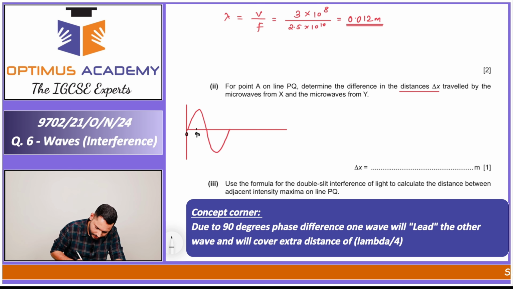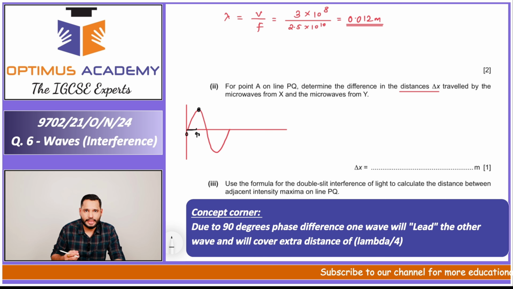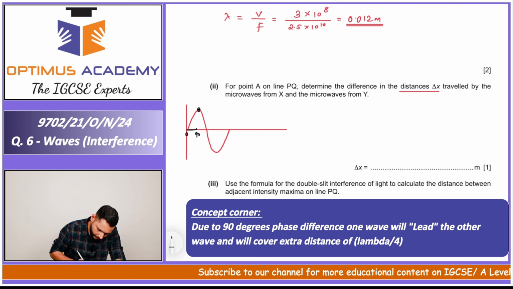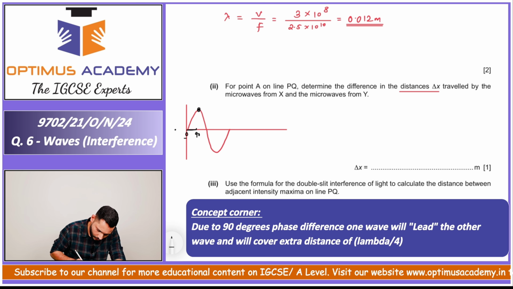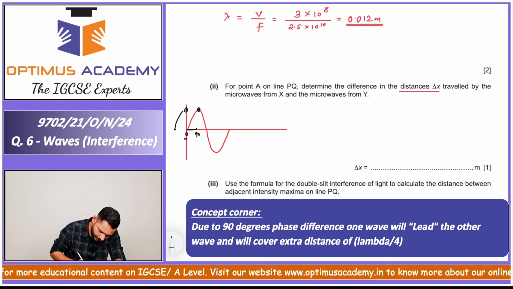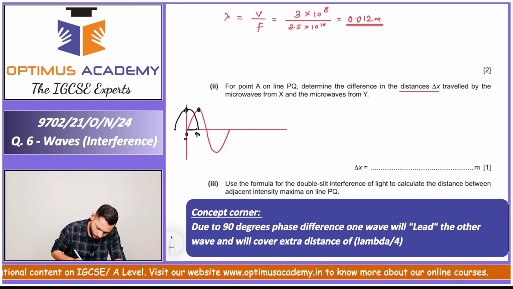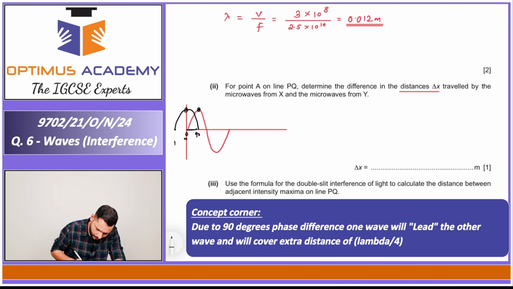So when first wave covers distance 90, it reaches its maximum amplitude, which is over here. Since the waves X and Y have the phase difference of 90, wave Y will start from here, and when this is at 0, wave Y will be at its maxima, meaning something like this.